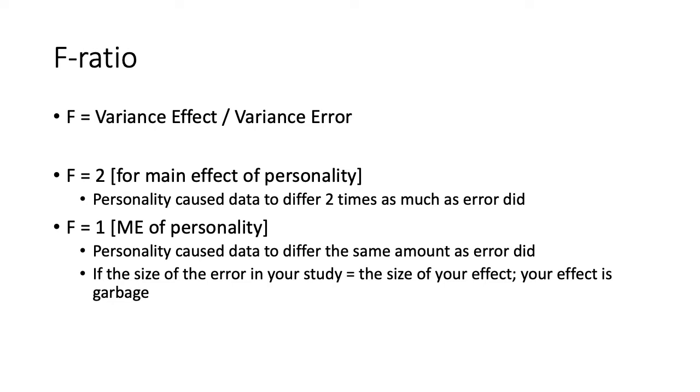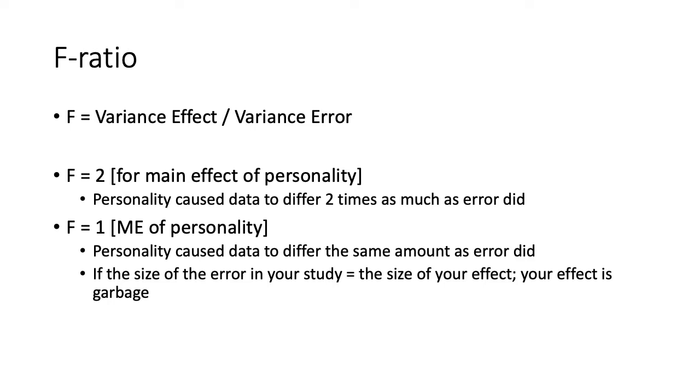You really got to think about that, okay? If science is supposed to minimize error, it's kind of not scientific to say that you found an effect that causes the same amount of variance that error causes, right? In order for there to be an effect, it has to have a much greater effect than the error causes.